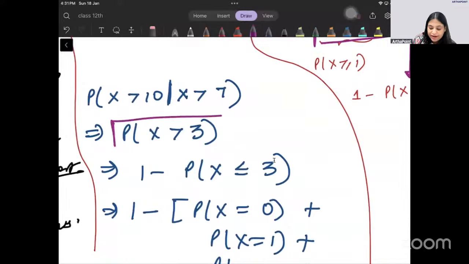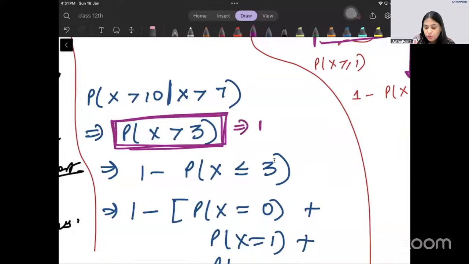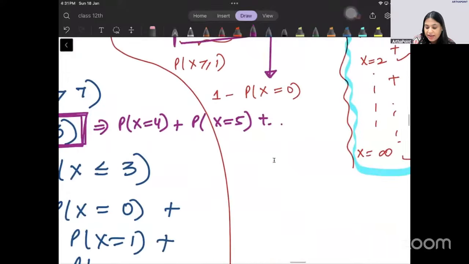If I have to find probability x greater than 3, it means I am able to clear my interview either the fourth time, or the fifth time, or sixth time and so on till infinity. So instead I have written 1 minus probability x less than or equal to 3, because 4 onwards is included.